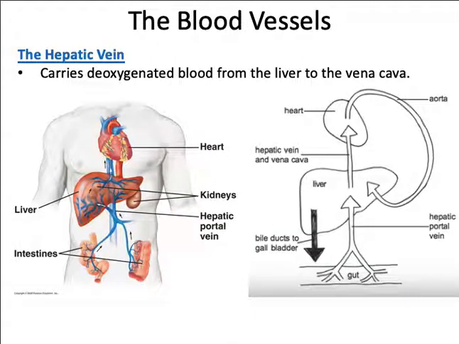The third vessel associated with the liver is the hepatic vein. The hepatic vein carries deoxygenated blood from the liver then back to the vena cava.